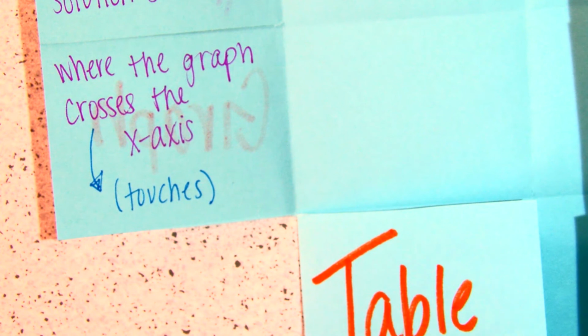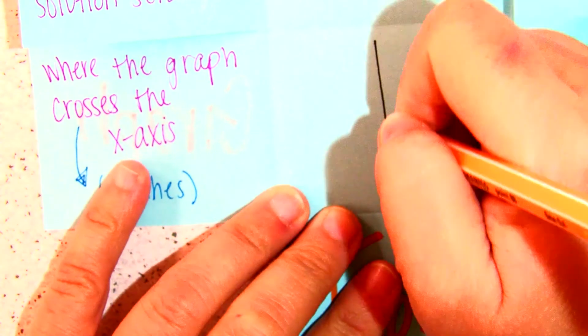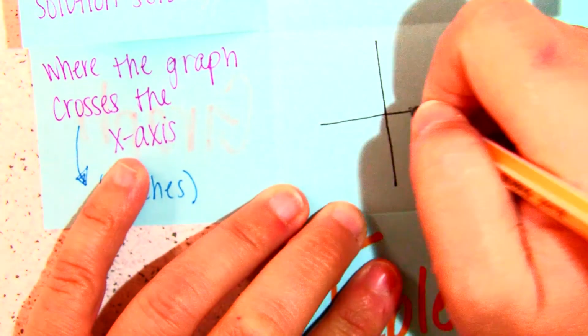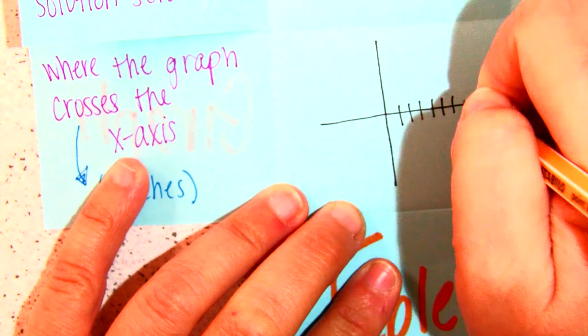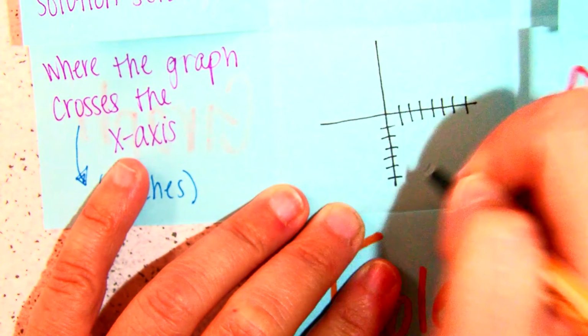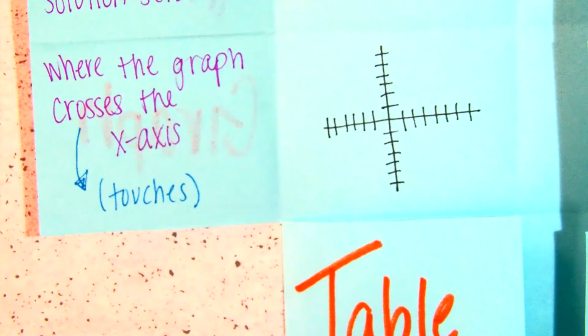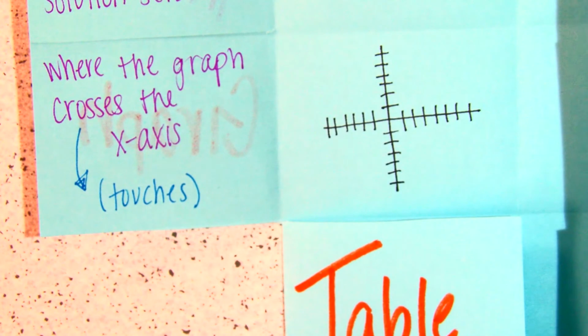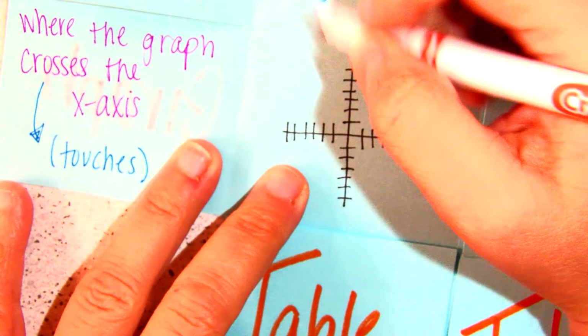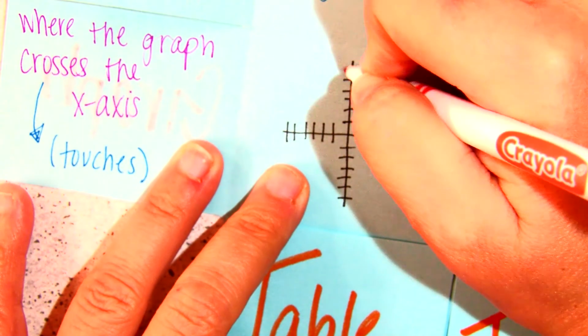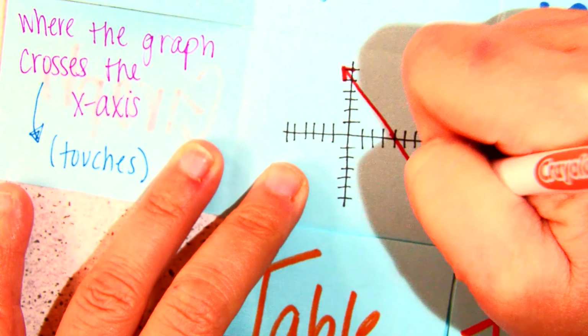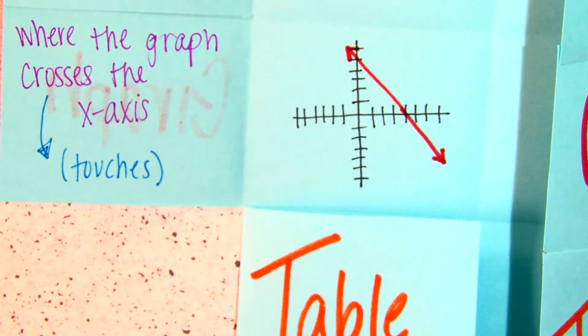Okay? So if I draw a graph, I'm going to draw this graph right here. Okay. Doesn't have to be perfect.